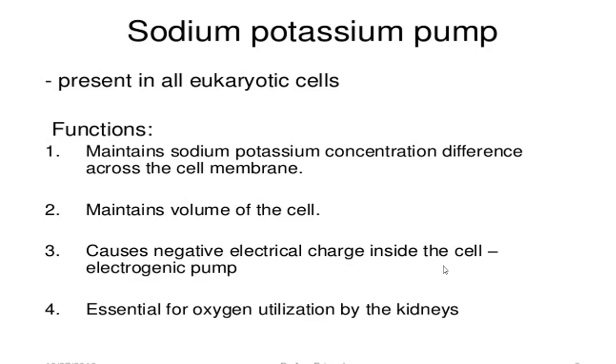Then, when the sodium potassium concentration is maintained, it is also attached to the maintenance of the volume of the cell. It is an electrogenic pump, causing a negative electrical charge inside the cell.